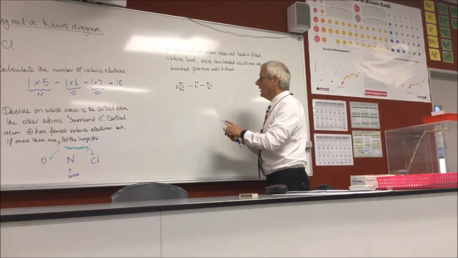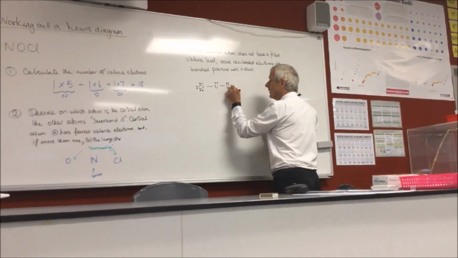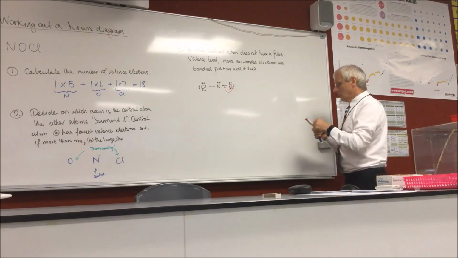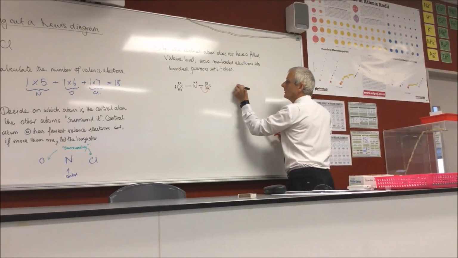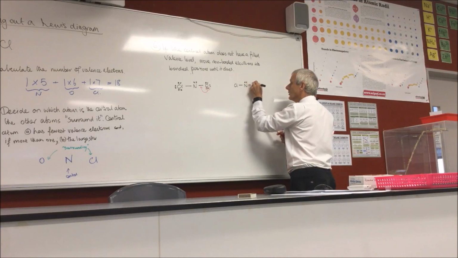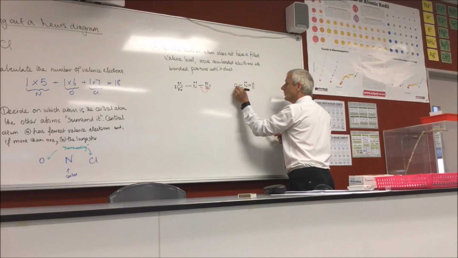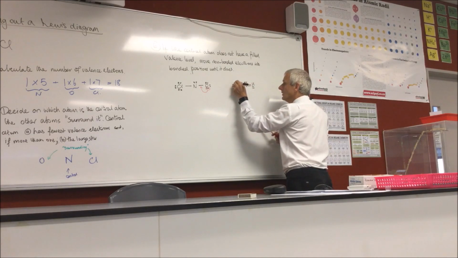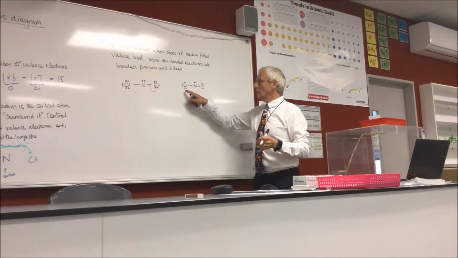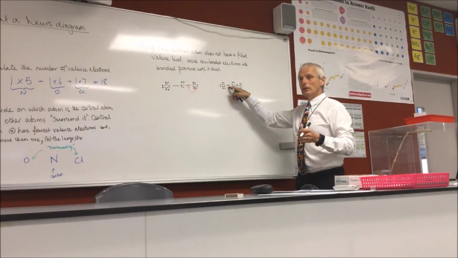So what we're going to do then is move that one. Okay? So now if you look at each atom in turn, you'll see chlorine has got 2, 4, 6, 8.